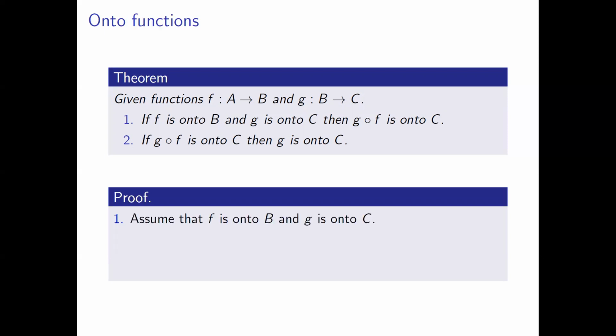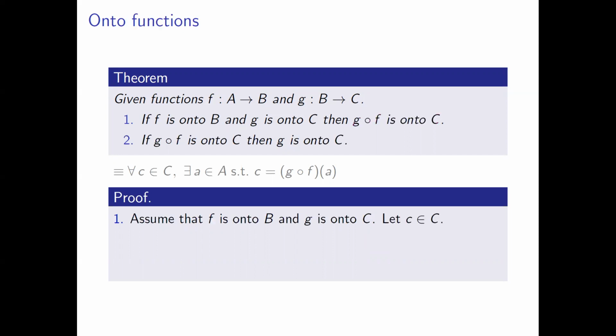Assume that f is onto B and that g is onto C. We are to show that the composite function gf is onto C. That is, for any element c in the set C, there exists an element a in A such that c is equal to gf of a.